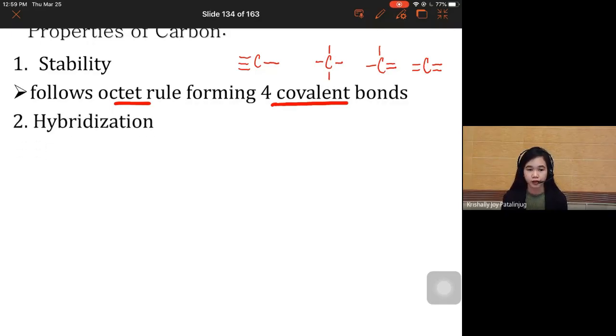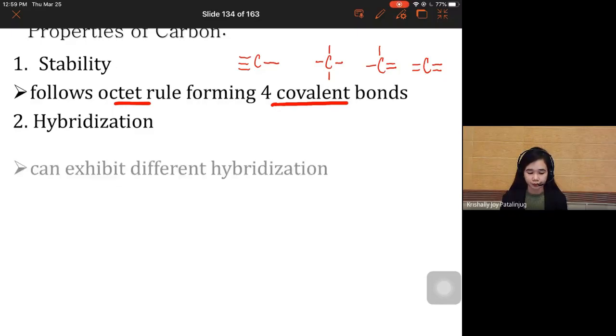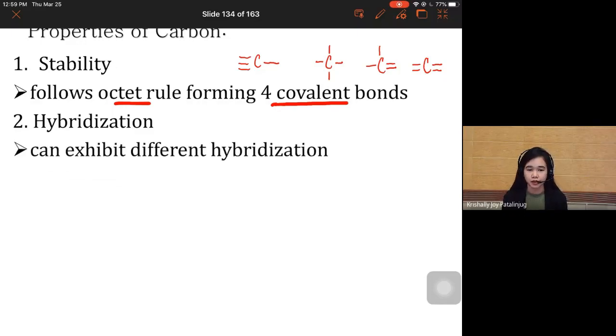The second one, which was already mentioned in our prior discussion, is hybridization. Di ba? The mixing of 2 or more orbitals to form a new set of hybrid orbitals. Carbon can exhibit the following hybridizations: sp, sp2 or sp3.